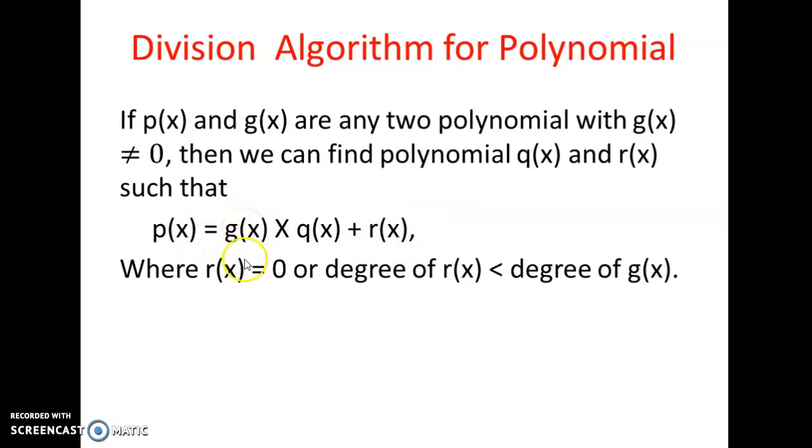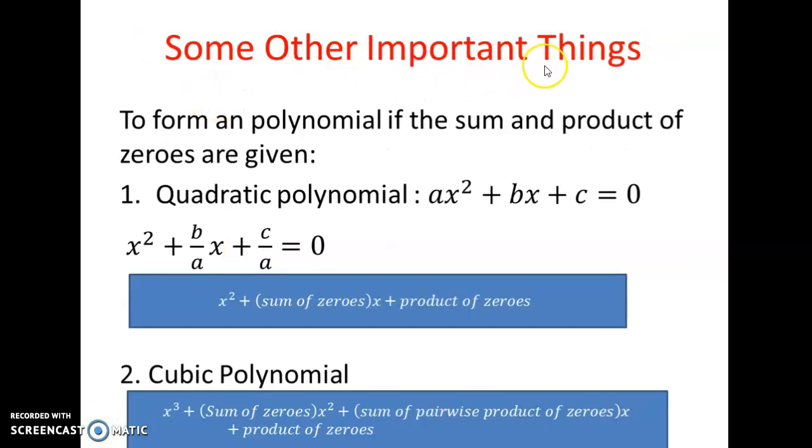Okay, some important things to remember. If you are given the zeros or solutions of x, you can form a quadratic or cubic equation using the relations we have discussed. So what is the algebraic equation? If we know the standard form of the quadratic polynomial ax square plus bx plus c equals 0, we divide each term by a.